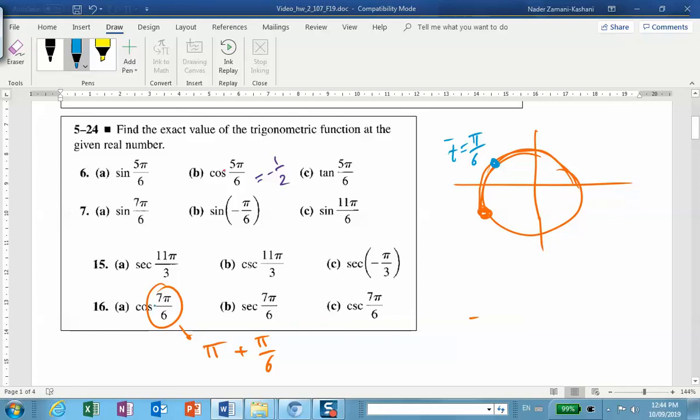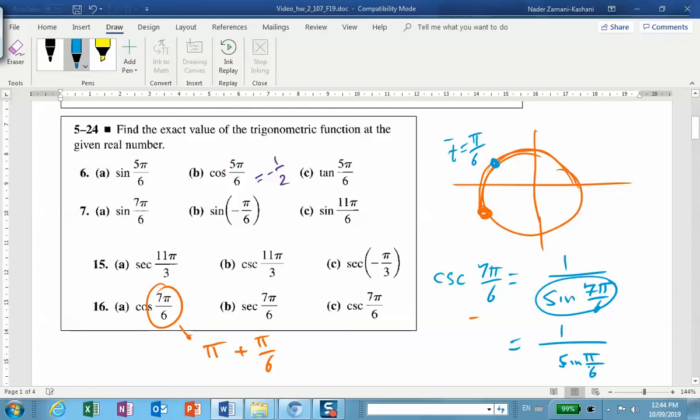Okay, first of all, cosecant. The meaning of cosecant of 7 pi over 6 is 1 over sine of 7 pi over 6. So as far as number goes, this is the same as sine of pi over 6. But the algebraic sign, we have to watch out.